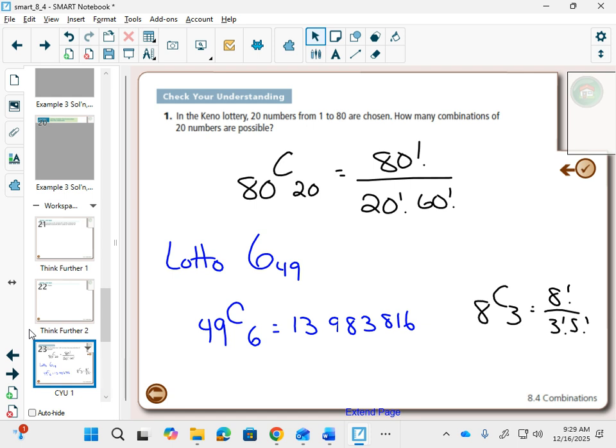But if that $2 allows you to have the greatest one-day fantasy of, what if? That's really what that $2 does. You pay the $2, and then you get a whole day of, I wonder if I'm going to win. And you imagine what you would do, right?